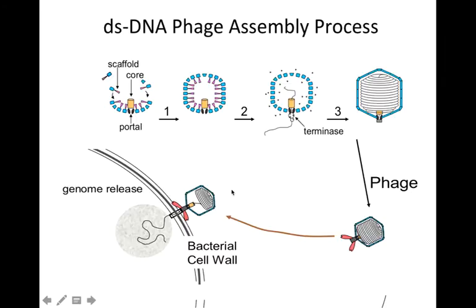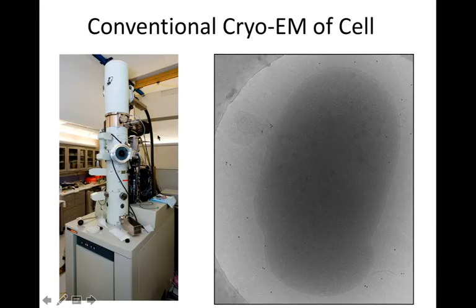In the next few slides, what I want to share with you is what happens to the structures when the phages are newly synthesized in the bacterial cell. So here is an example of seeing an entire bacterial cell in an electron microscope.